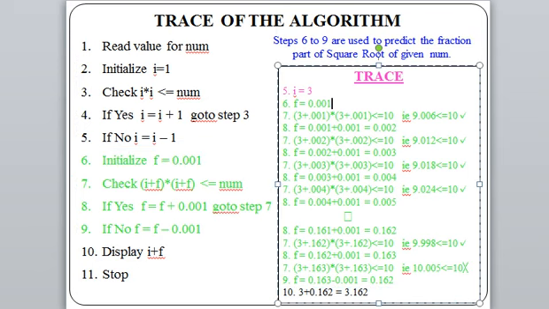So I made the initialization of f. Soon after that we have to check whether I plus f into I plus f is less than num. I is 3, which we got from the previous steps 3, 2, 3, 4, 5. When we executed, we got the final answer for the integer part, I equal to 3. So that I is required. Now we have to predict the fractional part.